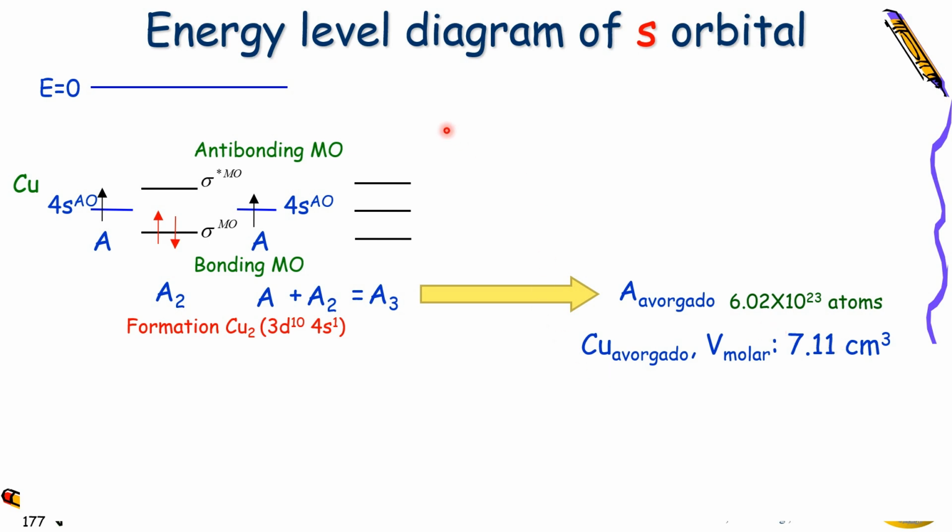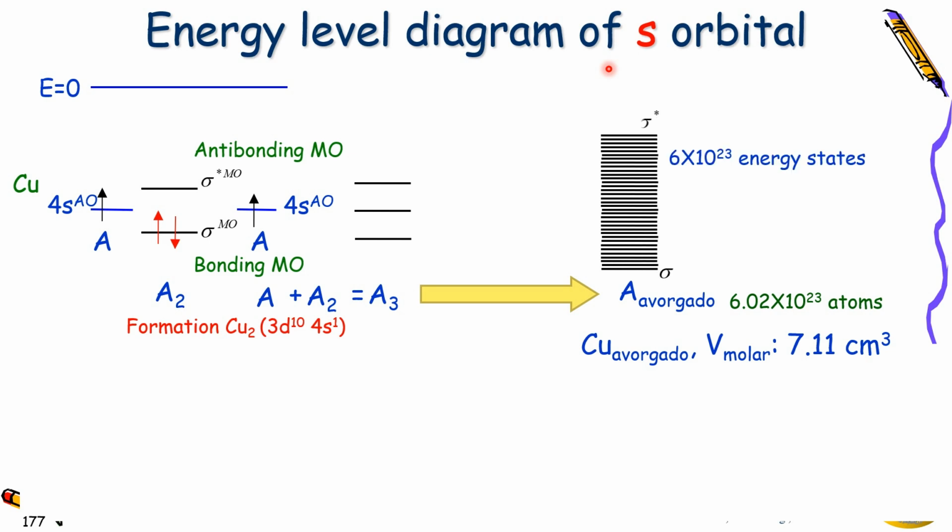And you start to draw the energy level diagram. So you have 1, 2, 3, 4, 5, 6, 7, 8, 9, 10. Well, if I want you to draw this energy level here, you have to draw it 10 to the 23 times. So this energy level is very, very close, and it's very difficult to distinguish.